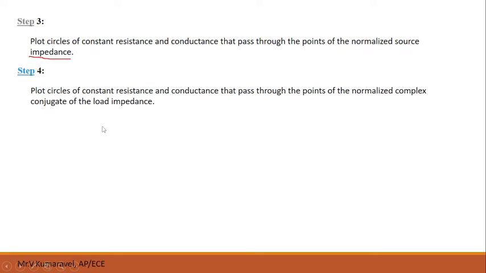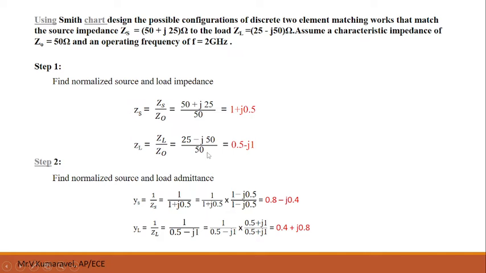Next step, we need to plot again the constant resistance and conductance circles that pass through the point of the normalized complex conjugate of load impedance. The load impedance ZL is 0.5 minus J1, so we need to take its complex conjugate.